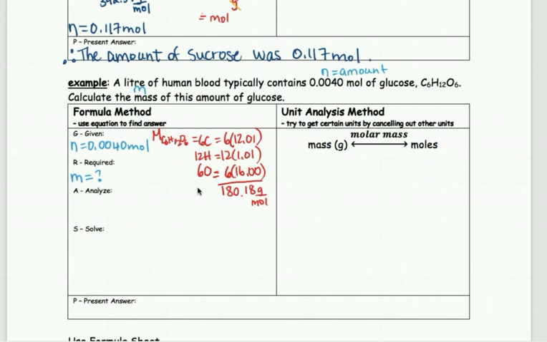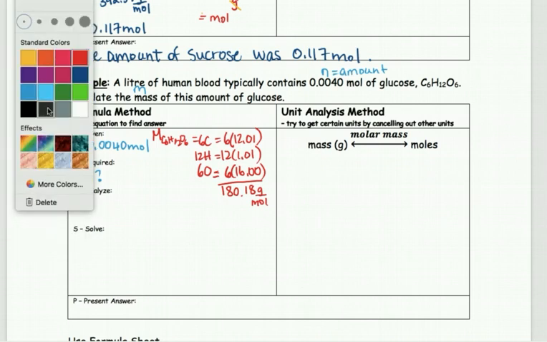The molar mass is not directly given to you, but it is one thing you can always find, so that's always one of the givens, along with one of the other values literally in the question. So you might go, oh wait, I don't have the M. Yes, you do, you have the capital M. But we do need to find the little m. So let's go through here and I'll analyze the equation that we need.